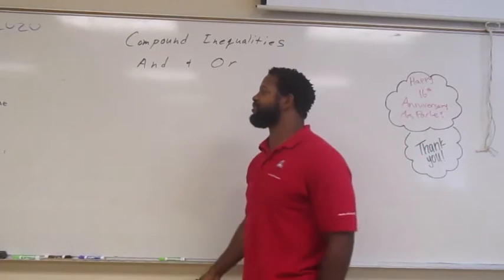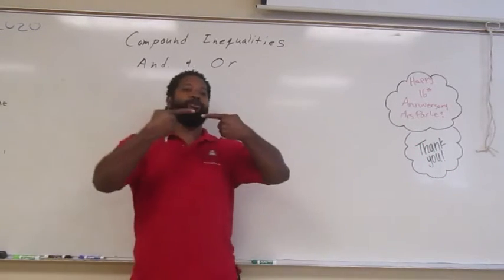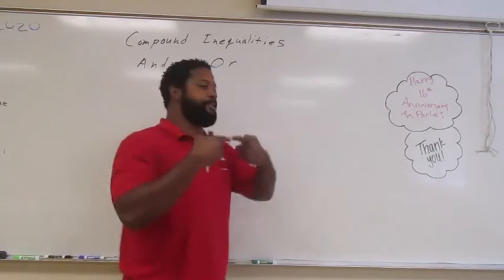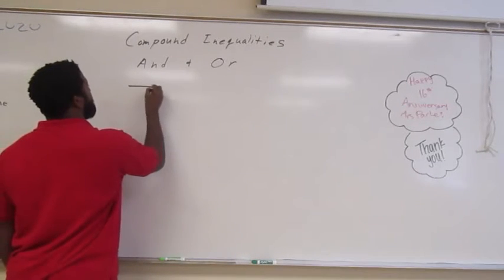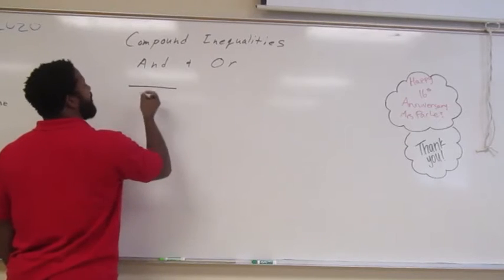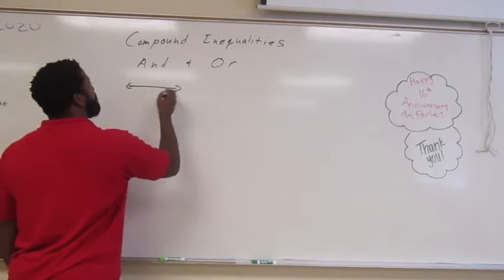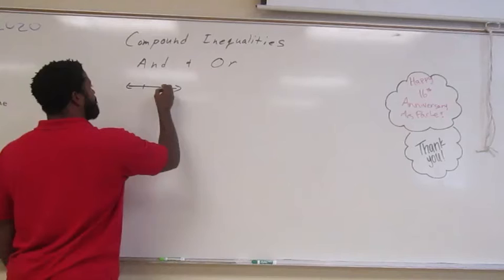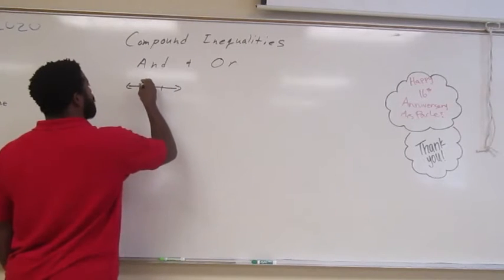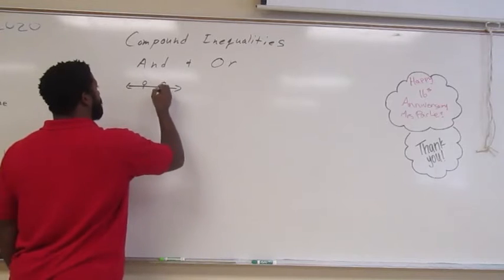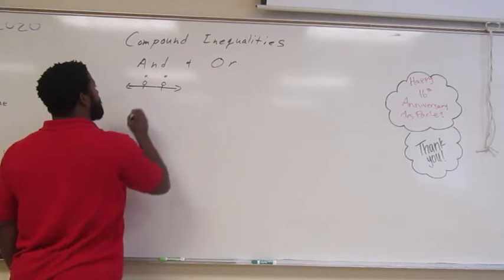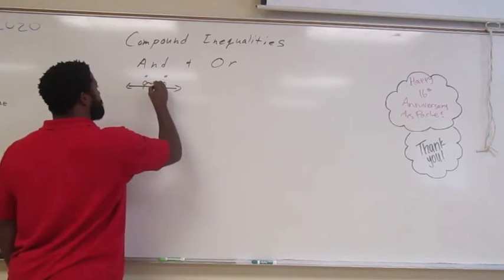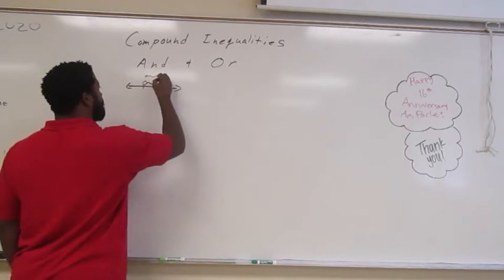The ands pretty much come together. So on a number line, you're gonna have something that looks like this, whether it is open or closed, but they are going to come together like so.